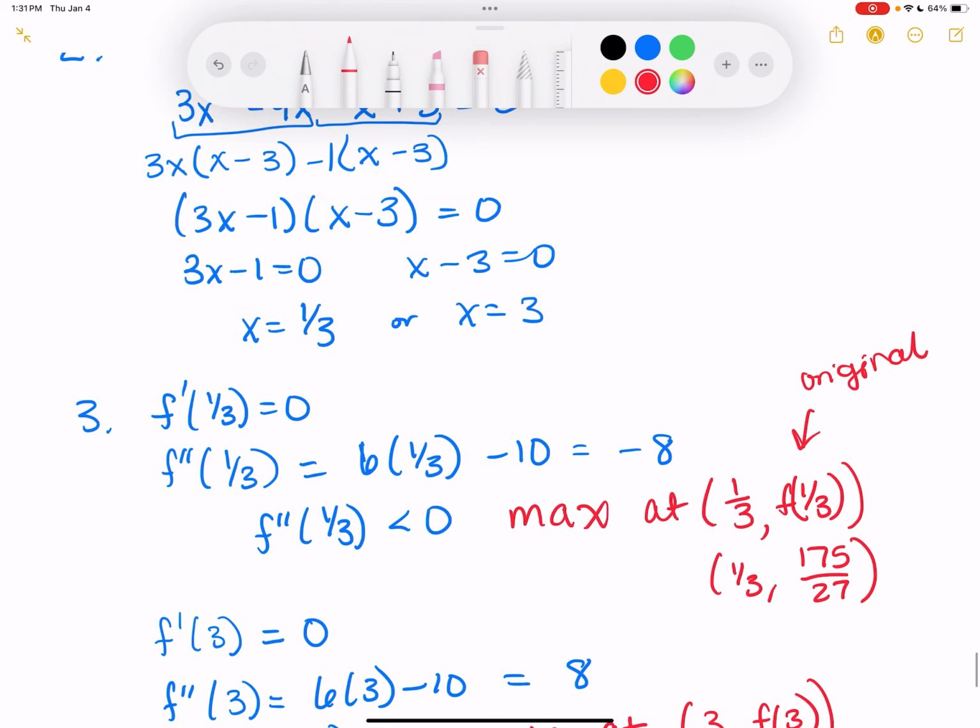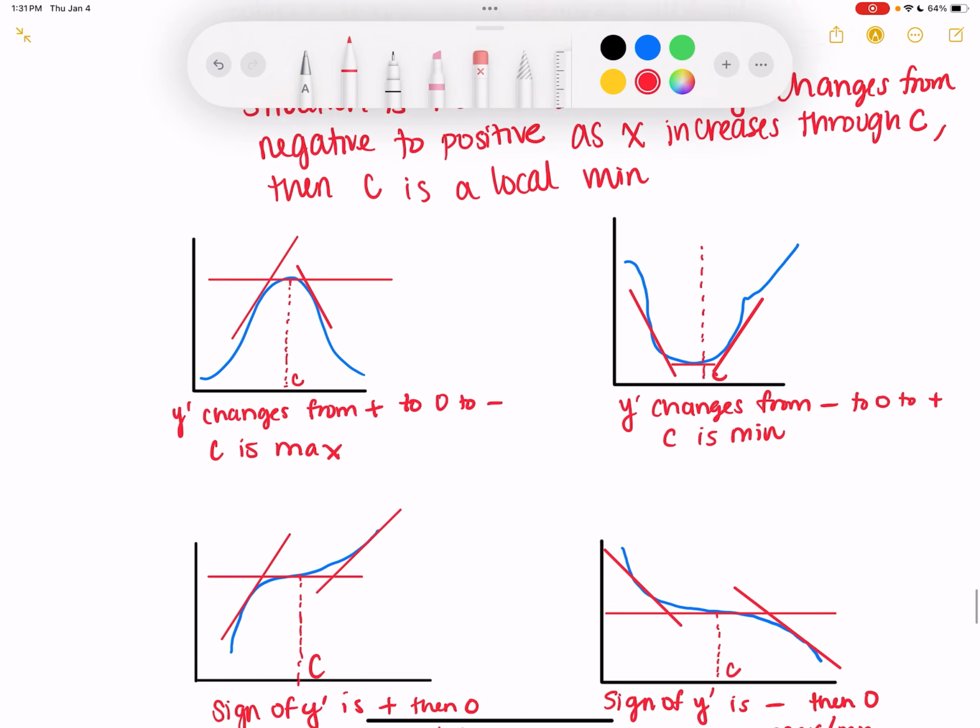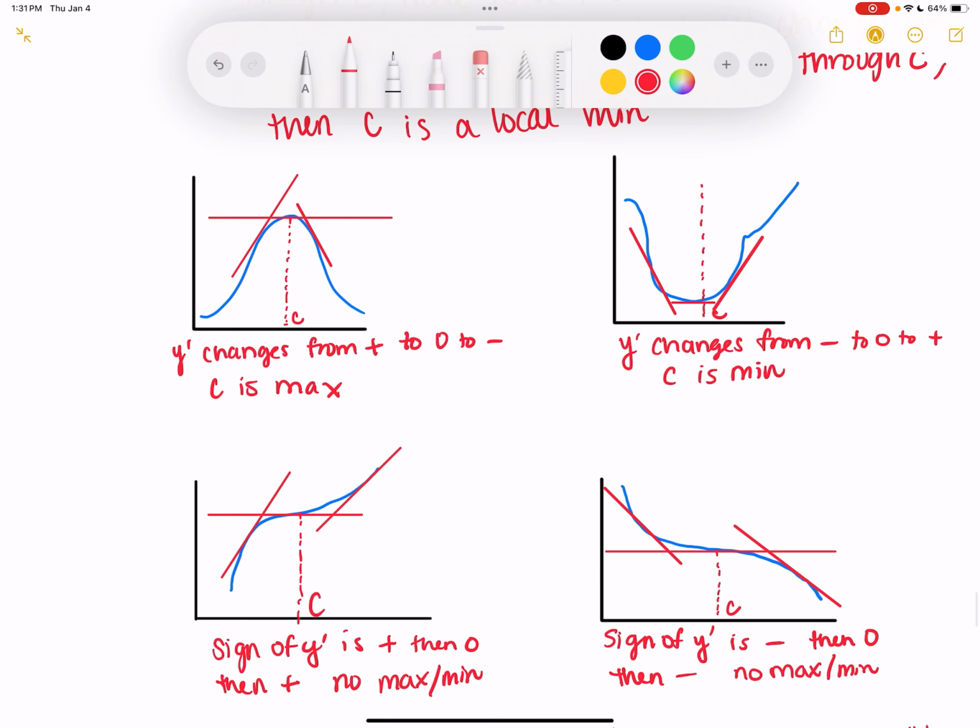Because what we did in these graphs here in step 4, which we don't need step 4 because none of the second derivatives were equal to 0. But what's happening here is these lines are basically showing you the derivative. The blue part was the original equation.